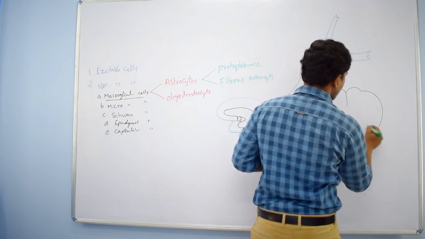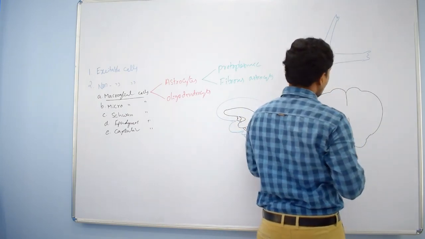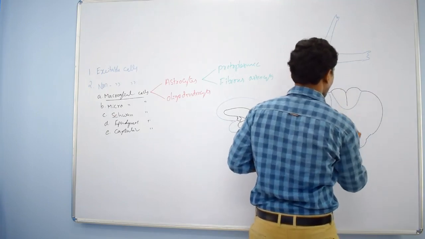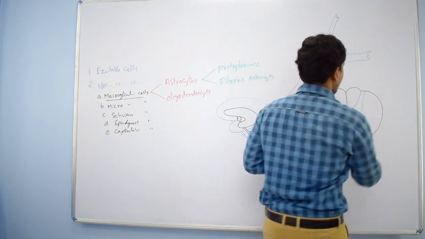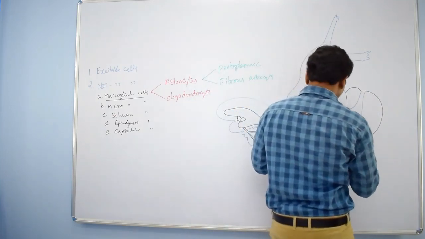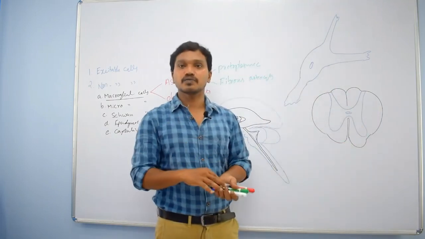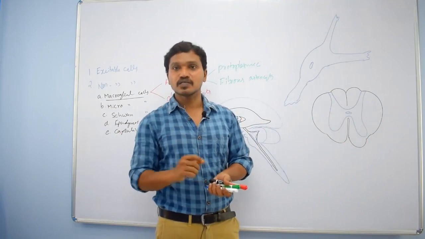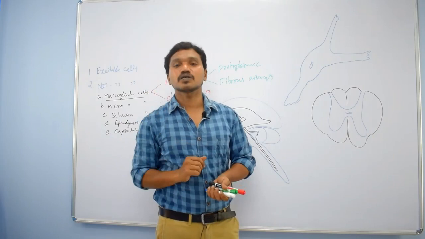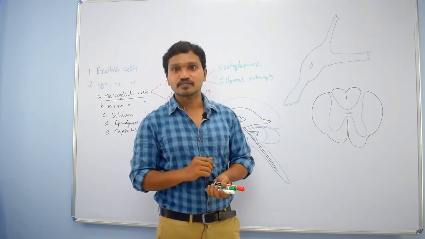If you compare with remaining neurons or remaining cells, the cells present in the dorsal root ganglion are larger. Right? So, whenever you find a comparatively larger cell at a place, those cells are surrounded by some supporting cells to give nutrition to that larger cell.